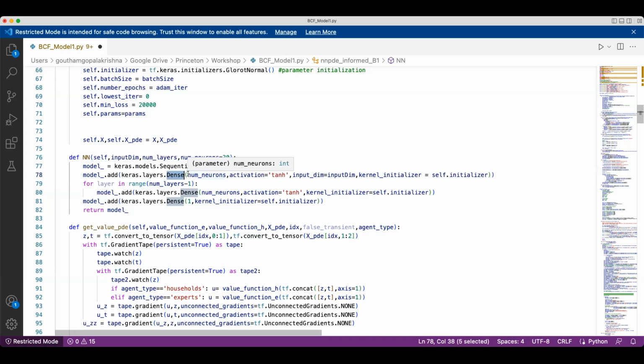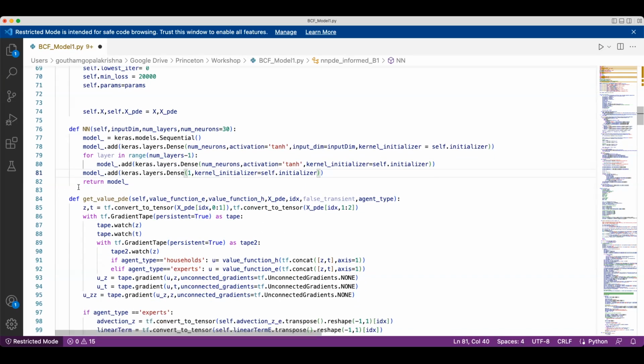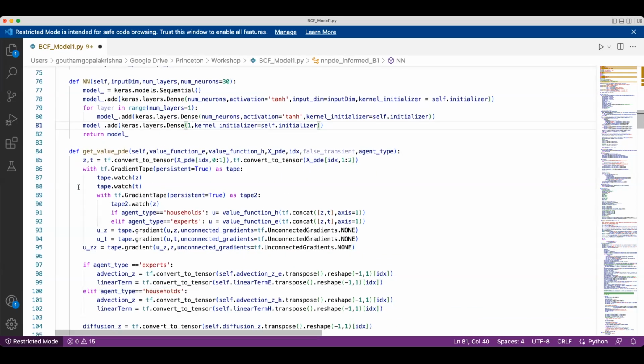Like every neuron is connected to every other neuron in the next layer. And you have a tanh activation function. And for each hidden layer, you also have tanh activation function. And for the final layer, it's a linear layer. So if you don't specify any activation function here, it's just a linear activation function. Because you don't know what the value function looks like. Can be anywhere on R plus. All right, that's how you define neural network object.